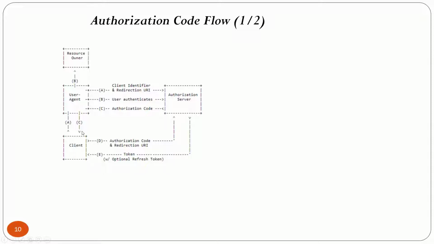Then we have the authorization server, that is the server that issues the tokens. So, for example, in an OpenID scenario, the access token and the ID token.